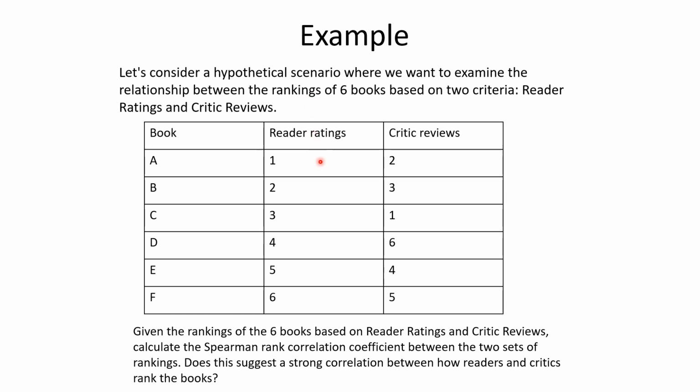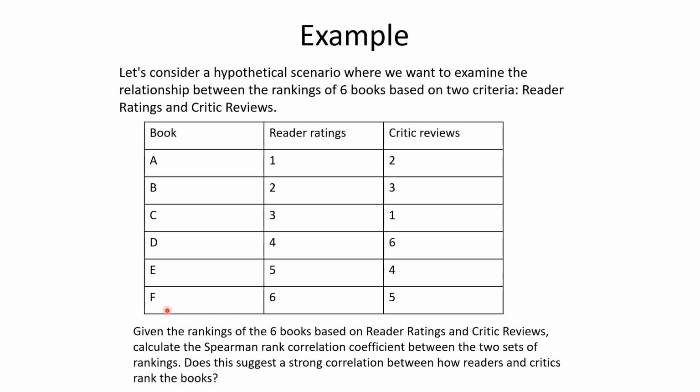Book A is rated 1 by the reader, but the critic review rated it 2, like a rank. The reader's ratings from A to F are in ascending order 1, 2, 3, 4, 5, 6, but the critic ratings differ quite a bit. We want to find the difference between these two ratings, and then square the column.